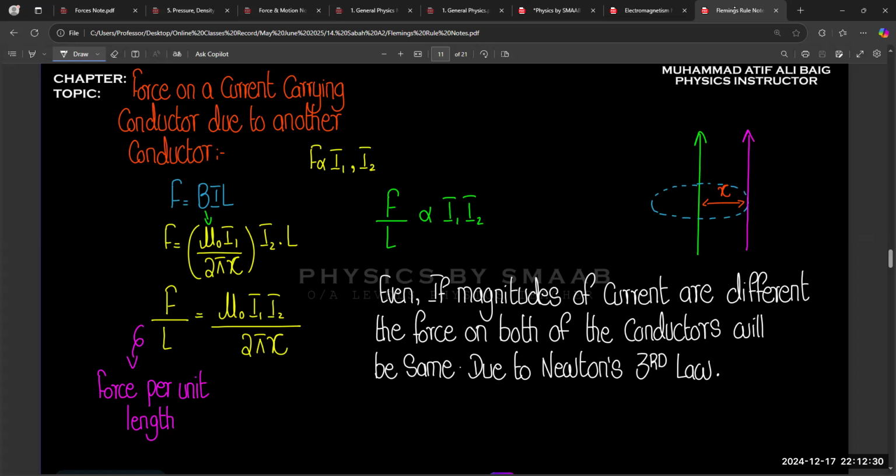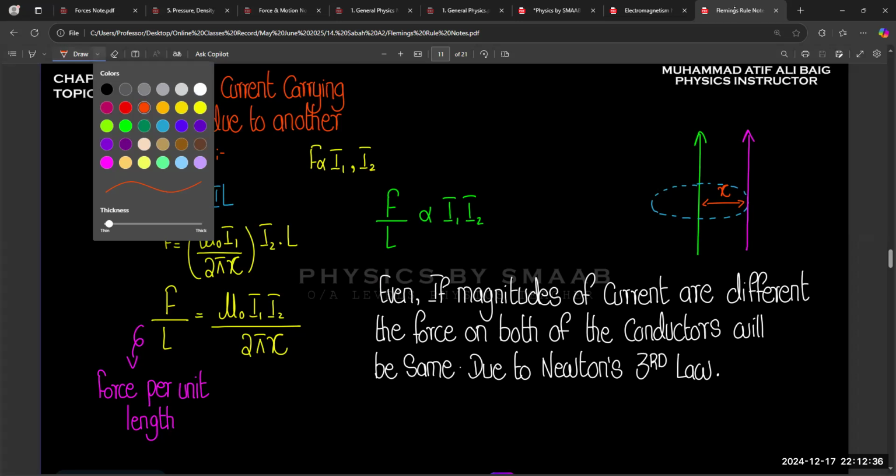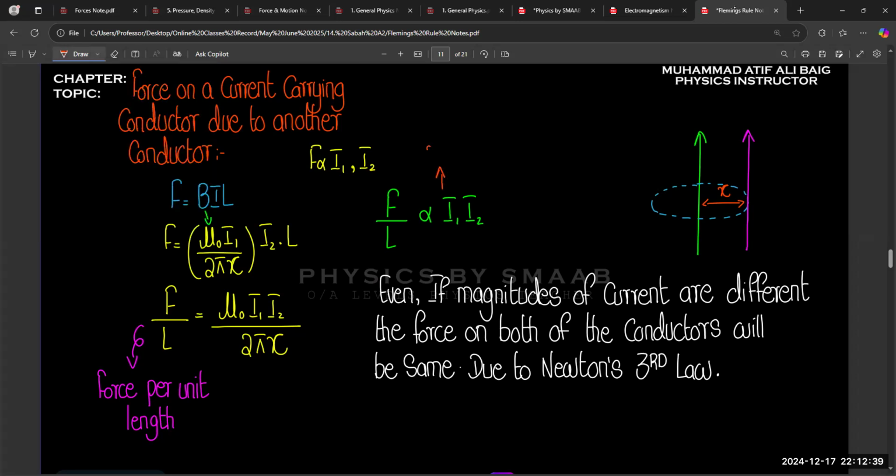For example, if we have 2 ampere in the first wire and 1 ampere in the second, the product of 2 into 1 is 2, which is directly proportional to F. If we change the values, you will again get the same product. This is the basic purpose of writing this description.